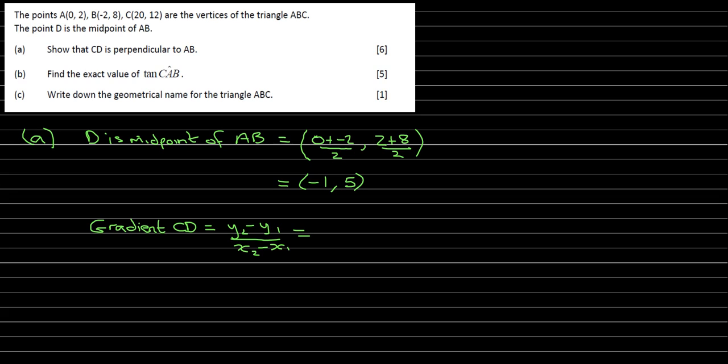So looking at CD, it's going to be 5 take away 12 over minus 1 minus 20. So that's minus 7 over minus 21, which is 1/3.